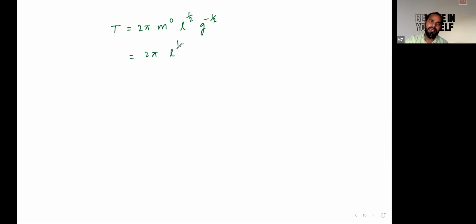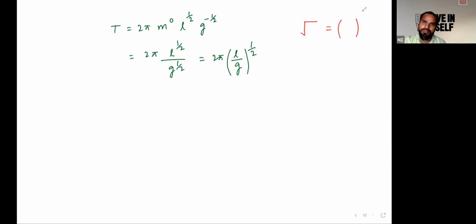We're left with L raised to the power half divided by g raised to the power plus half. Now you may simplify it as L and g both contain the same exponential, so we can combine them together. We know a square root in terms of exponential can be written as plus half, so we can replace this exponential with a square root. Your final answer would be 2 pi under root L over g.